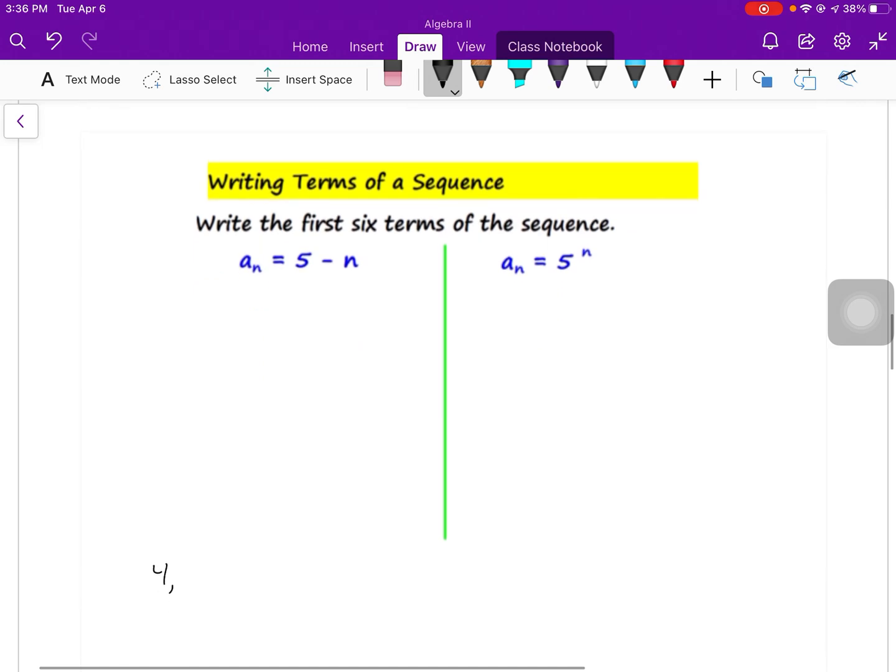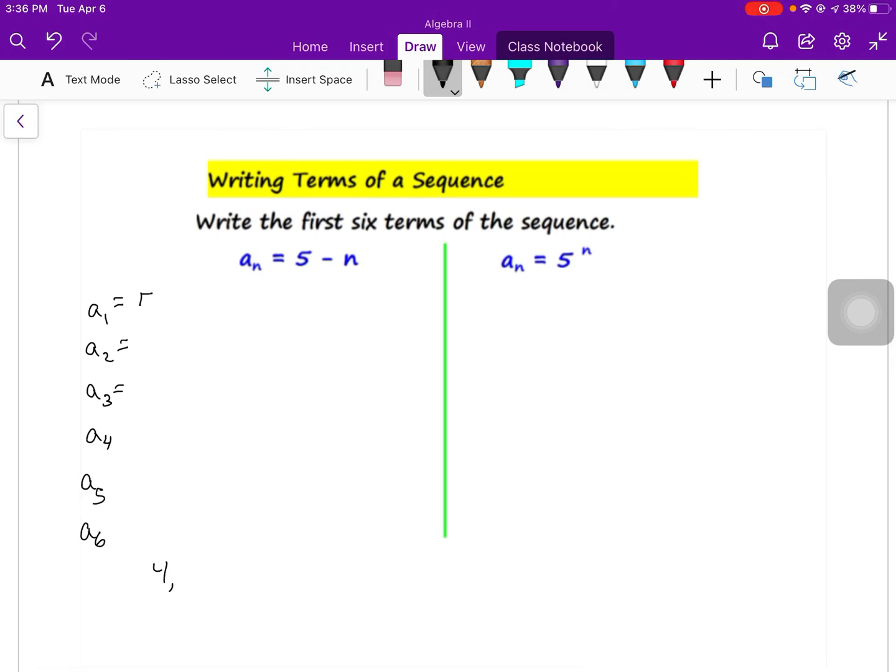So if I want to write out the first 6 terms, A sub 1, A sub 2, A sub 3, A sub 4, A sub 5, and A sub 6, I would go 5 minus the 1 because of that 1. So 4. 5 minus 2 because I'm looking for the second spot. Okay, my rule is take 5 minus whatever your position is.